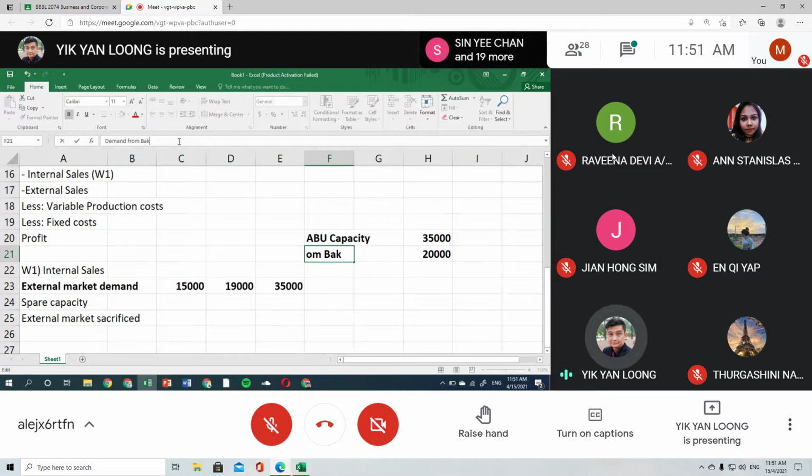It's out of a total of 20,000 units required by Baka. Abu will have to utilize how much spare capacity, how much is based on spare capacity, how much is whereby you need to sacrifice external sales.